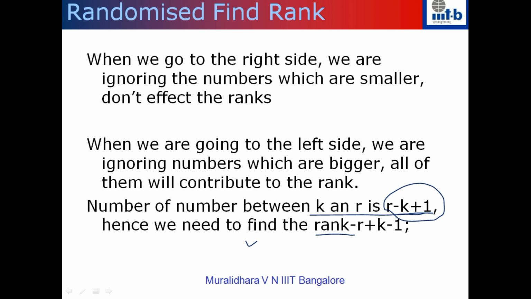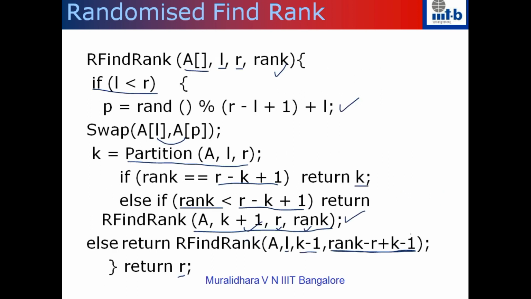When I add this number to the rank, what I actually get is r. So I have to subtract the number of numbers on the right hand side which are all bigger than the numbers on the left hand side. The number of such numbers is precisely r minus k plus 1. So I have to find a rank which is rank minus r plus k minus 1.